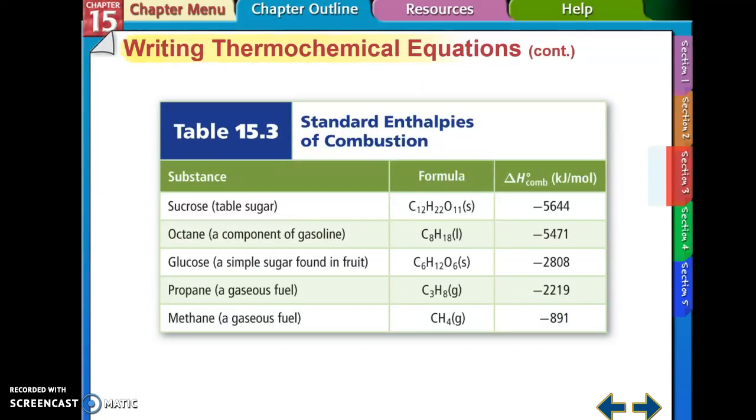And on your thermochemistry reaction resource page, this table is listed there. So you look at the delta H of combustion anytime something is burning. And here are some formulas in case you need them. Remember that this is negative enthalpy because it's an exothermic reaction.